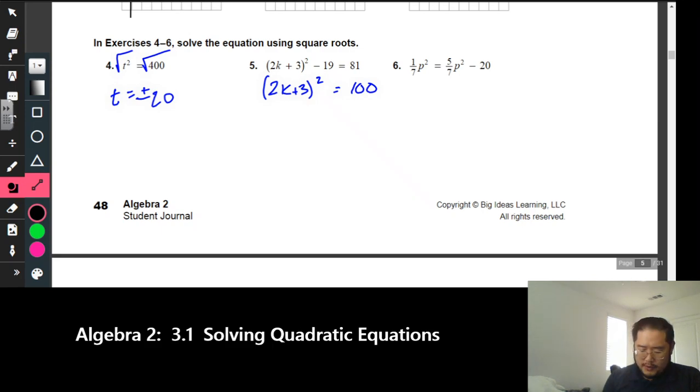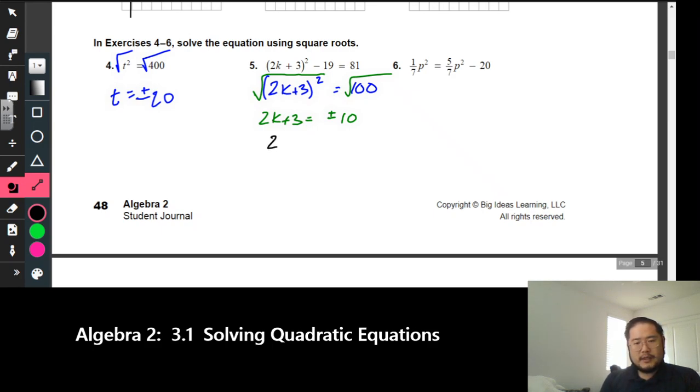At this point, we can't do anything. We can't subtract the 2k, we can't subtract the 3 to both sides. So this is where we square root both sides. And now I have 2k plus 3 is equal to plus or minus 10. Not just 10, but plus or minus 10.